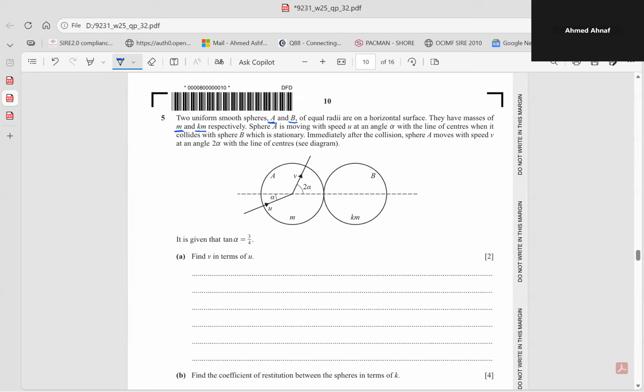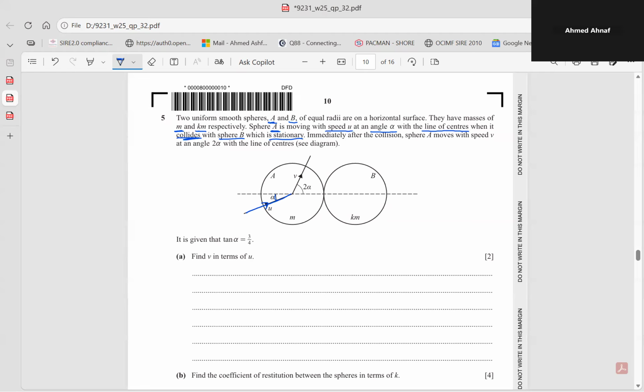We're also told that sphere A is moving with speed u initially at an angle alpha with the line of centers when it collides with sphere B, which is stationary.